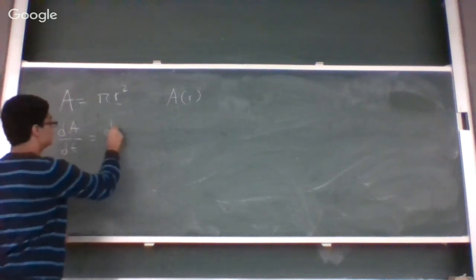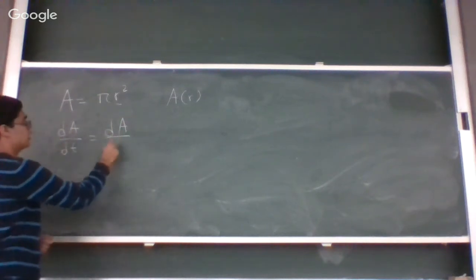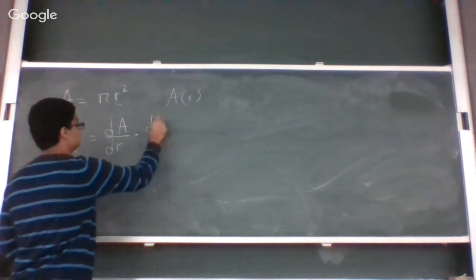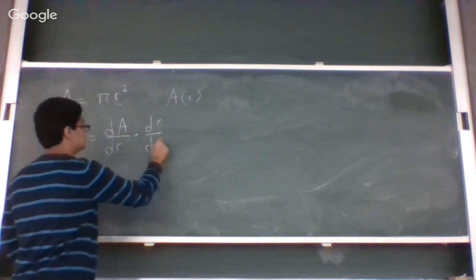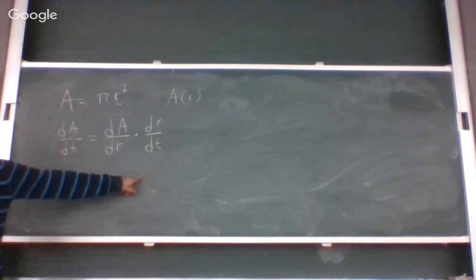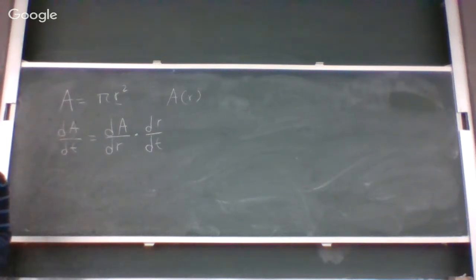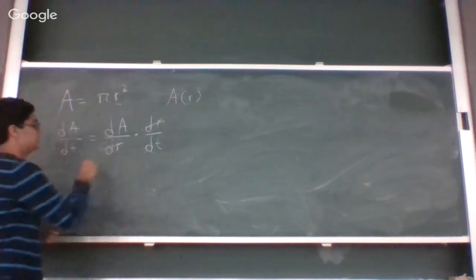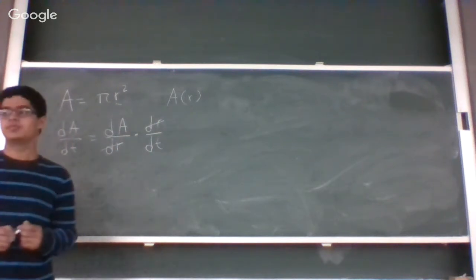So we can take the derivative of A with dr, but according to the chain rule, then we have to do dr over dt. Take the derivative of r with respect to time. So then in the end, we end up with dA over dt. Right?